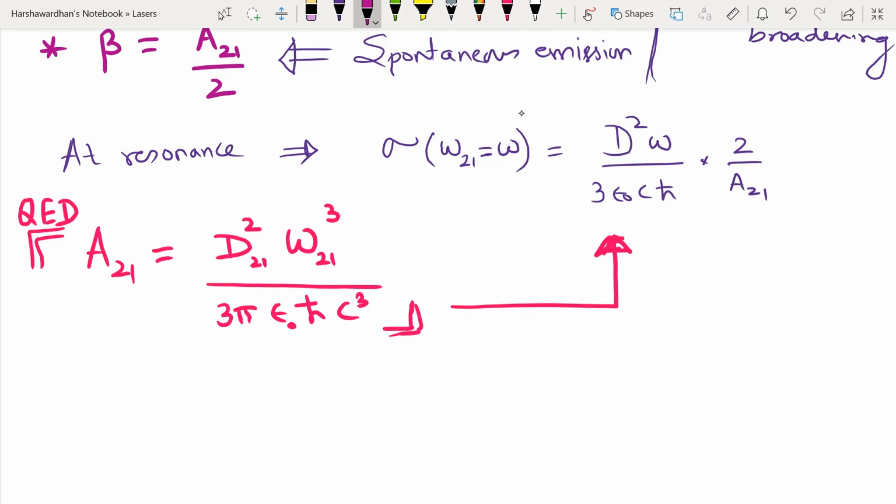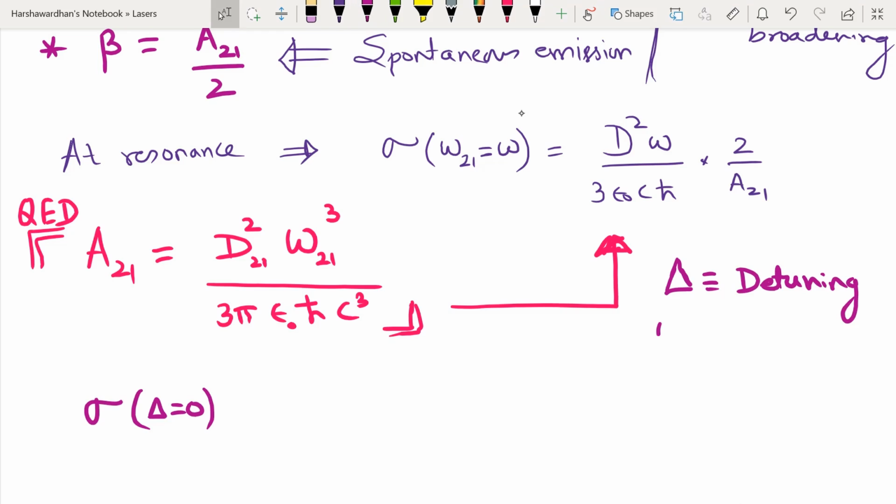So sigma now at, for example, delta equal to 0. By delta, I mean a quantity which I state as detuning. It is a technical term which simply implies the mismatch between the atomic frequency and the optical frequency.